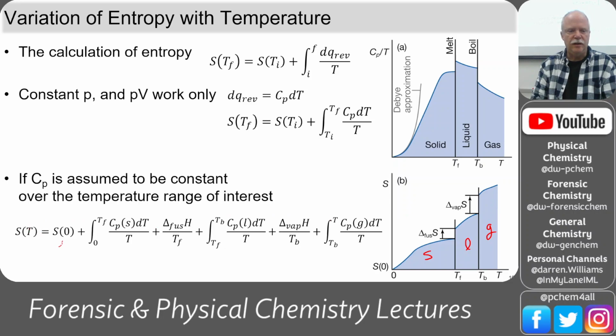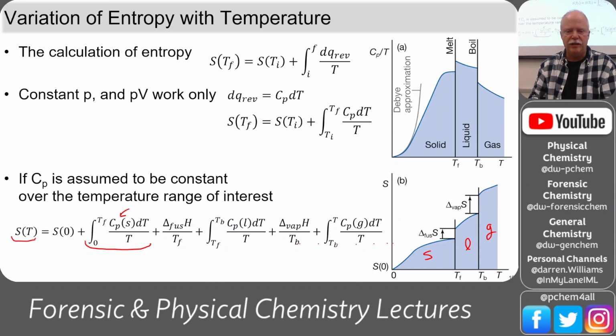So here's the calculation of the entropy at any given temperature. You can integrate from 0 Kelvin up to whatever the temperature is. If you're still in the solid state, you have this heat capacity at constant pressure for the solid divided by temperature.